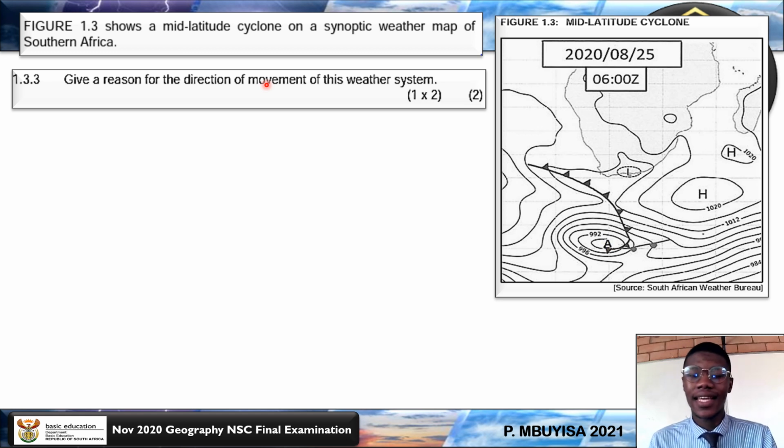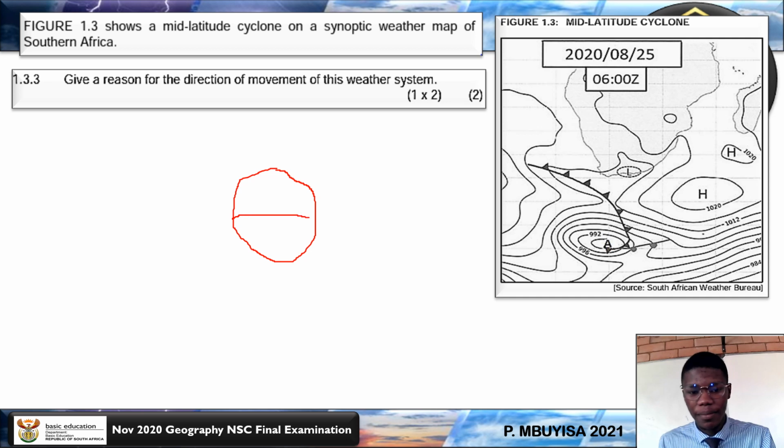And why is that the case? Because it forms between the 30 and 60 degree line of latitude. If I can just get a pen to demonstrate that. If this is my diagram showing global air circulation, remember that you have 0, you have your 30, and you have your 60.